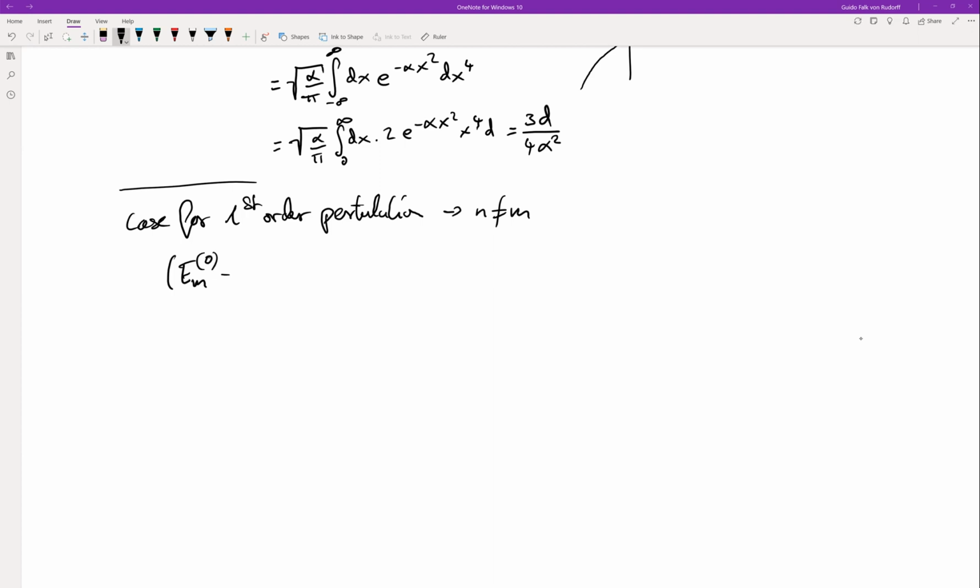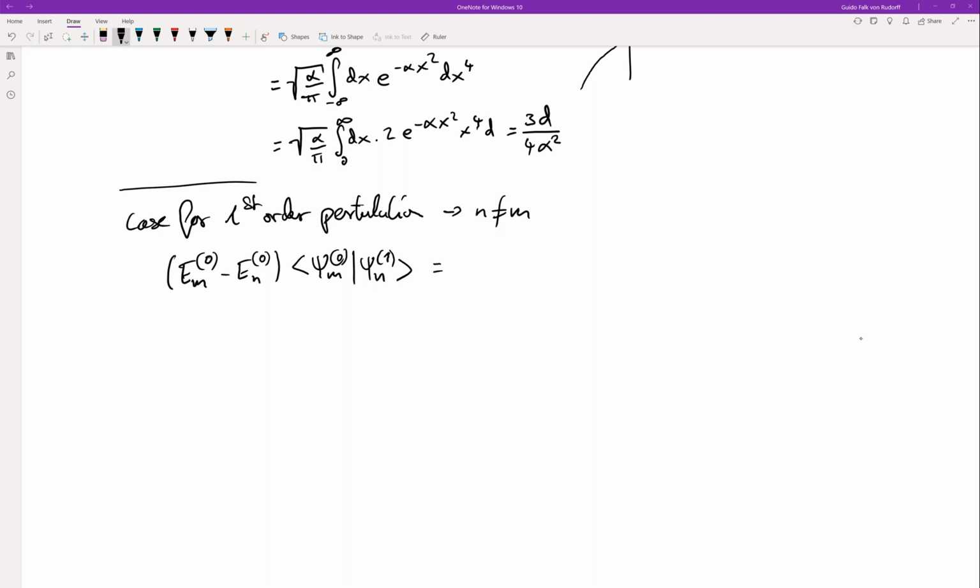We have this expression E_m of the unperturbed system minus E_n of the unperturbed system, and then this is psi m of the unperturbed system ket psi n of the perturbed configuration.